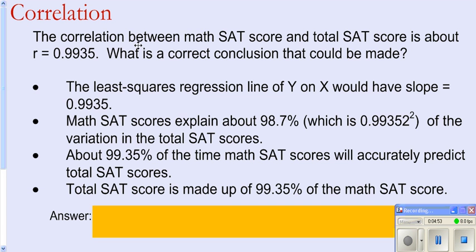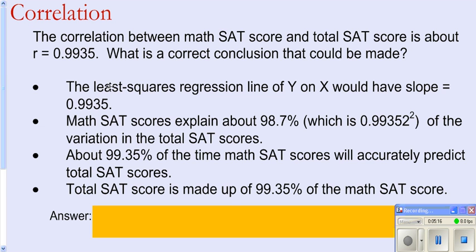So here we're given the correlation between our SAT math and SAT total, which is fairly high. Therefore, you would conclude what? Well, we only know that if R is positive, then your slope has to be positive.